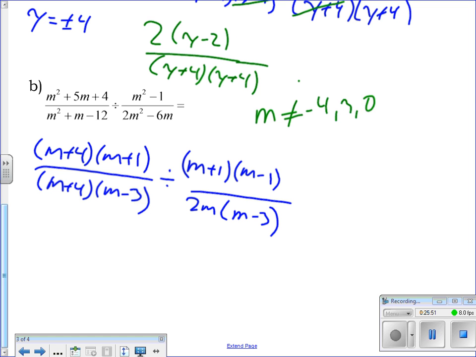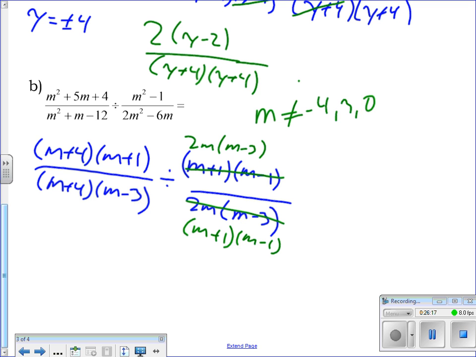Factor, check domain restrictions. My next step is to invert and multiply. Now, if you want to rewrite the whole problem again, feel free. If, however, you just want to say, I'm going to invert this, that means I have 2m times m minus 3 here, and m plus 1 and m minus 1 here.